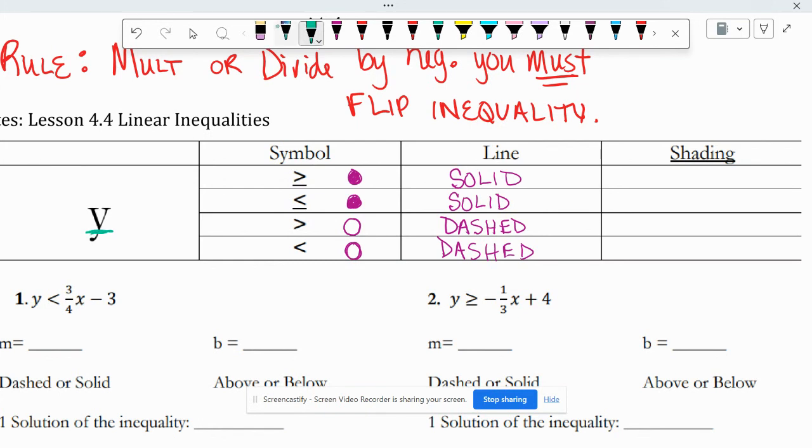So I want you to think about y, and we're going to kind of read each one of these equations. If y is greater than, meaning all the y values are greater than or equal to something, does that mean that I'm going to talk about all the stuff that's above the line or all the stuff that's below the line? The y values. So if I were to sketch a little graph over here.